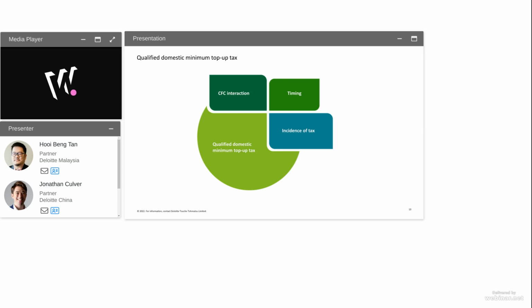Timing. There is a timing of the QDMTT, and that becomes really relevant in the context of an outbound situation. So a Malaysian headquarter group, or a Hong Kong headquarter group, which is a low tax jurisdiction.